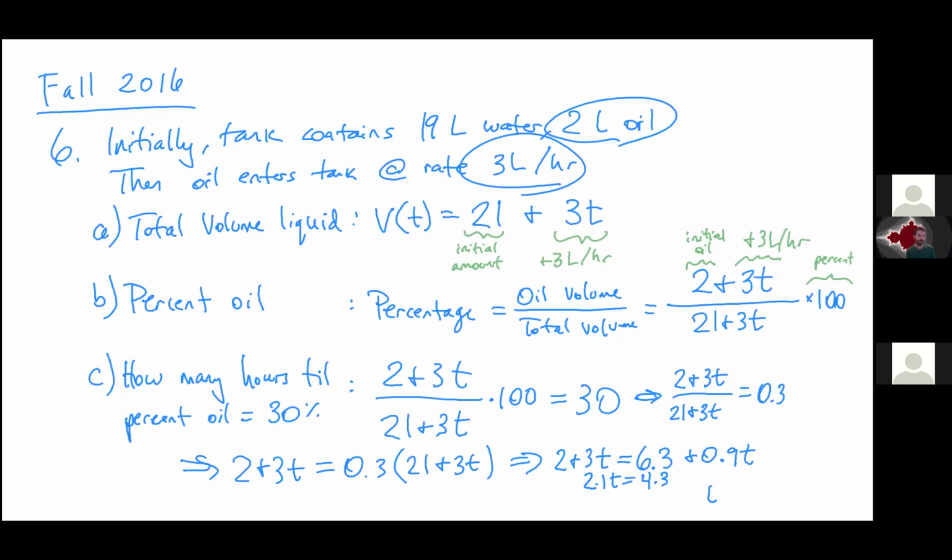So 4.3 divided by 2.1 gives you, well, Daryl wrote it as a fraction. He likes fractions, so we'll keep it like that. I understand what my mistake was. I forgot the decimal point in the 63. Gotcha. That makes a lot of sense.